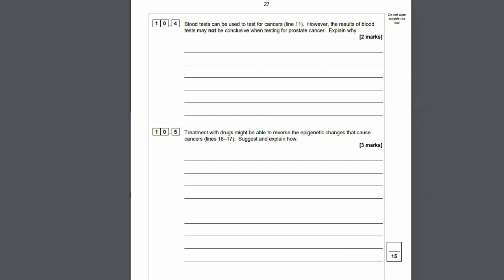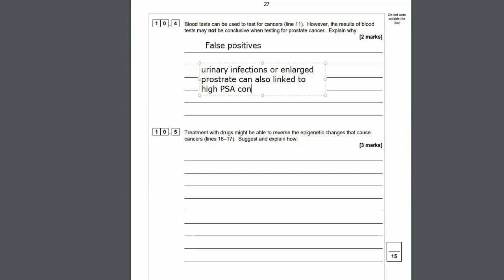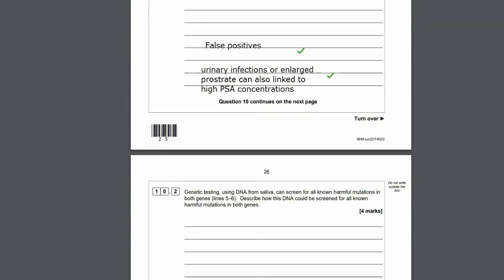Okay, 10.4. Blood tests can be used to test for cancers. However, the results of blood tests may not be conclusive when testing for prostate cancer. Explain why. All of these tests, whether you're doing the COVID test or the HIV test, can have false positives. It also tells us in the text, on line 11, that urinary infections or enlarged prostate can also cause high PSA concentrations, which is linked to prostate cancer.